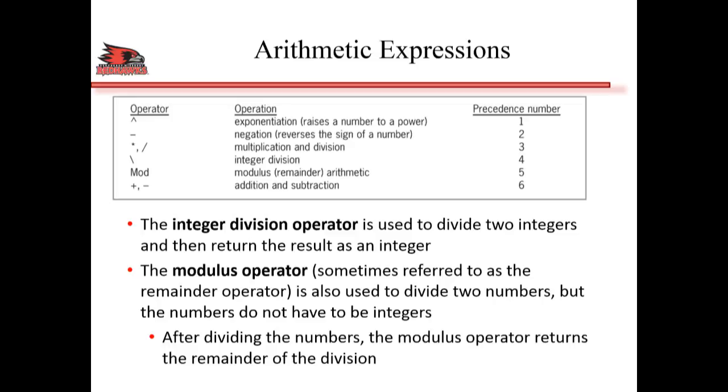Negation is basically making a positive number negative or a negative number positive. It has the same sign as subtraction, but there's a difference. I mean, if you are doing 1 minus 3, that's subtraction, but if you're negating 3, then you just put that sign before 3 and it becomes negative 3.